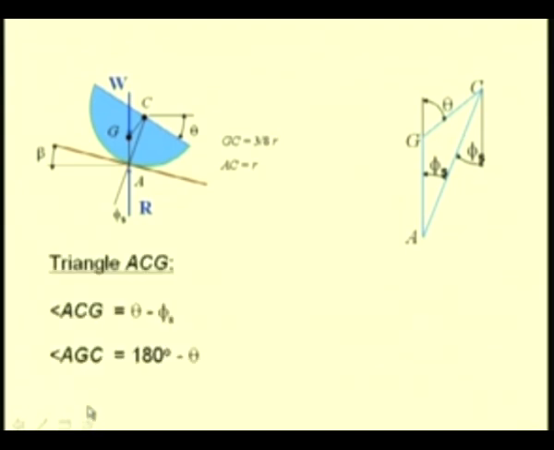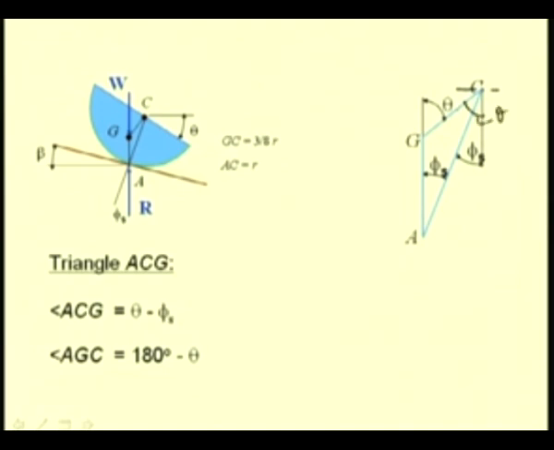So, from this we get the angle ACG as theta minus phi s, because if we consider this triangle, if this is the angle theta, then this angle is also theta.